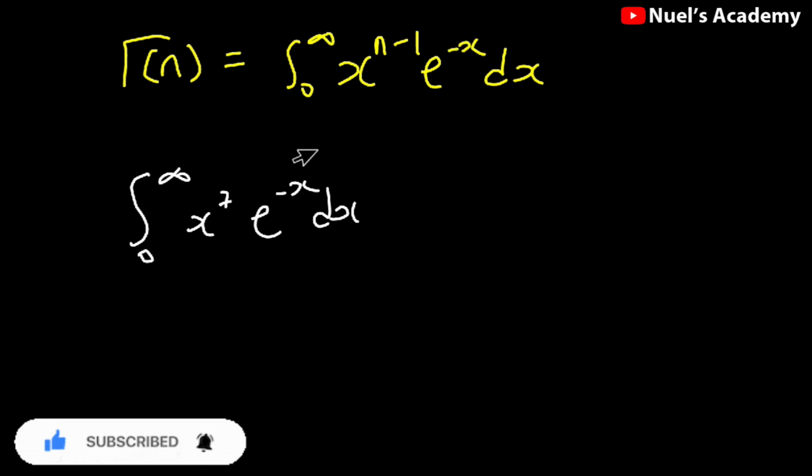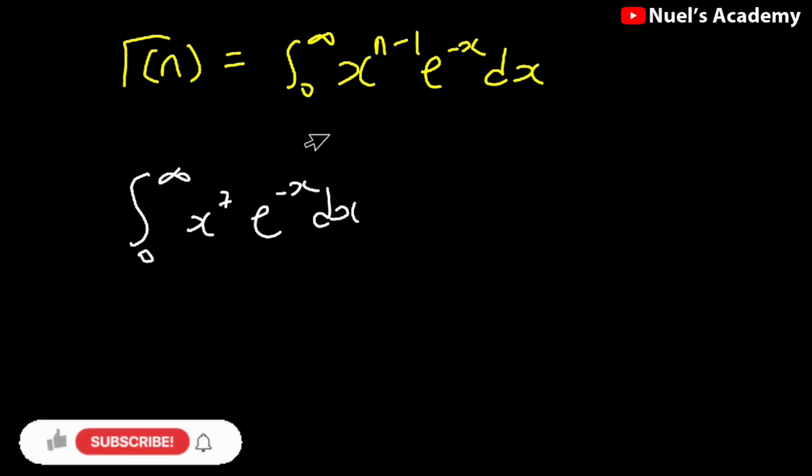Now we have e to the power of -x here and e to the power of -x here, so these two are balanced. We have x to the power of 7 and x to the power of n-1. But take note that what we're looking for is the value of n.